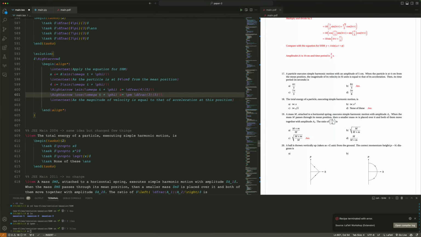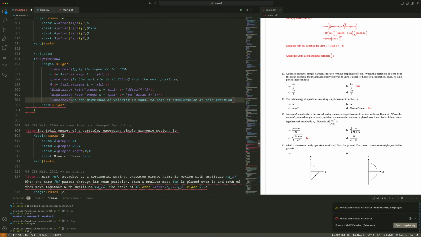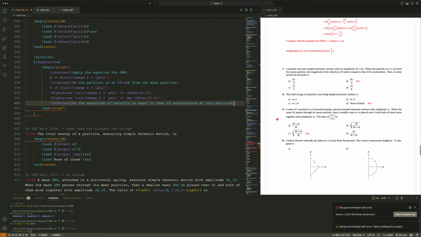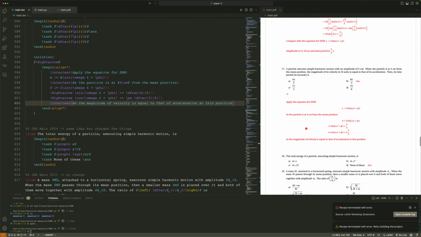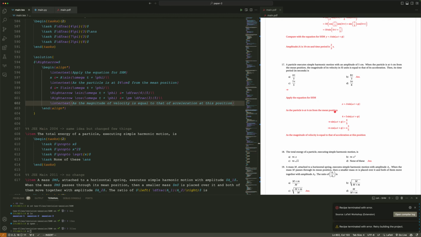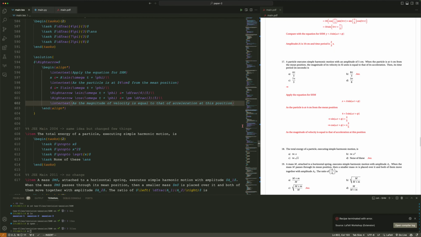Let's run it first and see. So yeah, as you can see, we have the equation for the SHM is 5 sin omega t, and according to this problem, when the particle is at 4, that means 4 is equal to 5 sin omega t. That means we have the sine value, we have the cos value, not plus minus.